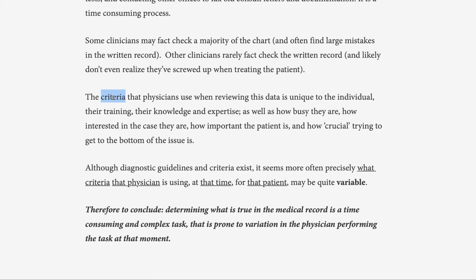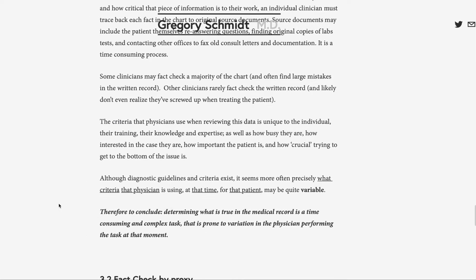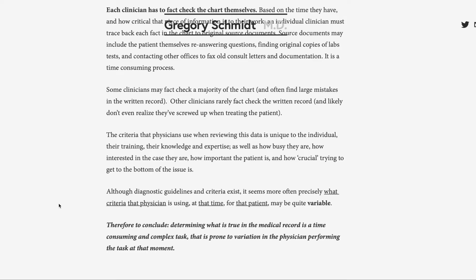And although there are diagnostic guidelines and criteria, it seems more often precisely what criteria the physician is using to establish a diagnosis and the veracity of data in a chart is really based upon the time, the patient, and the physician which are being brought together to study that chart at that time. And so it's very variable. And as I've been trying to show, this variation will ultimately lead to wide variation in quality of care and then wide variation in outcomes.